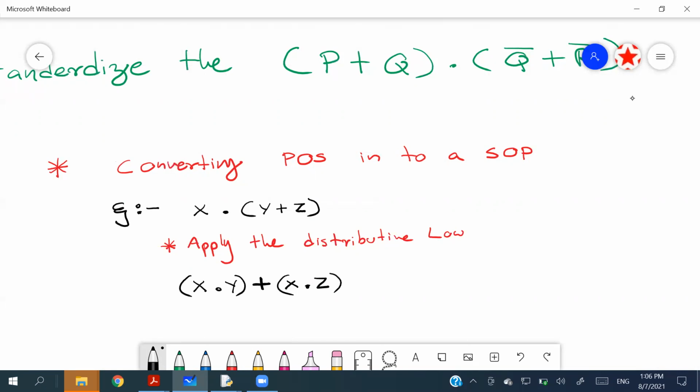So this is a POS and this is a SOP. It's better I say F equals. Simple as that, right? POS එක තියෙනකොට නිකම්ම distributive law එක apply කරාම SOP එක generate වෙනවා. Right? Are you clear with this, people?